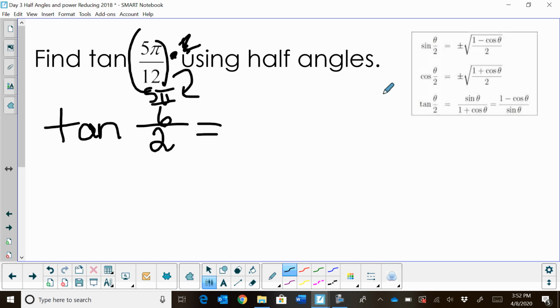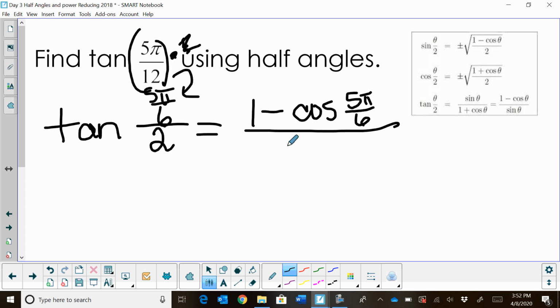Now, let's plug it into our equation. So do we want to use the first one or the second one? I'm going to use the second one. I'm going to use 1 minus cosine. Okay, we rewrote the angle on top as 5 pi 6, all over sine of 5 pi 6.